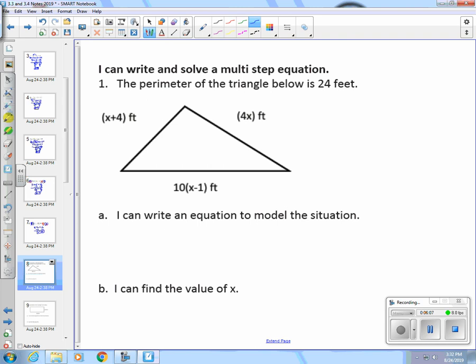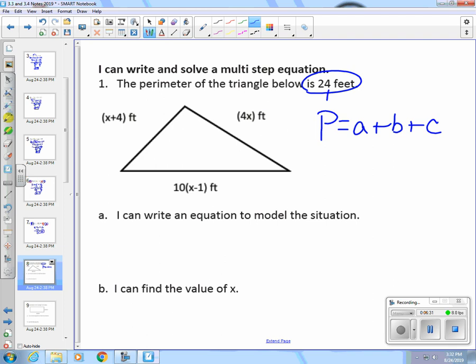One of the things that we can do here is write and solve a multi-step equation. When we're looking at the perimeter of a triangle, the perimeter formula is all 3 sides added together. And we know that the total perimeter is 24 feet.